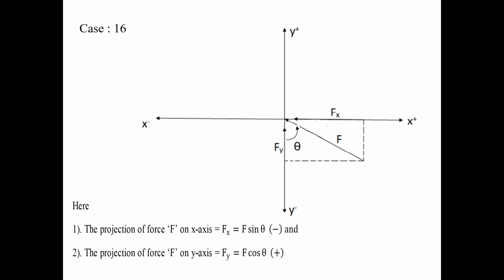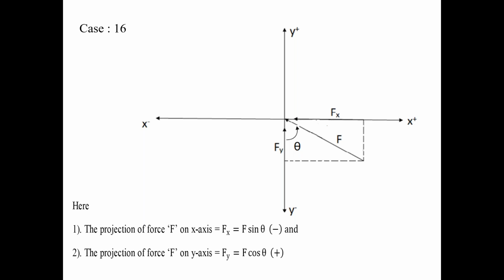Then in the remaining 8 conditions, the force F is making the angle theta with the y-axis. In all those 8 conditions with the y-axis angle theta, the x-axis projection Fx is equal to f sin theta, the y-axis projection Fy is equal to f cos theta. So these are the projections of force F with respect to the angle theta, either with the x-axis or with the y-axis.